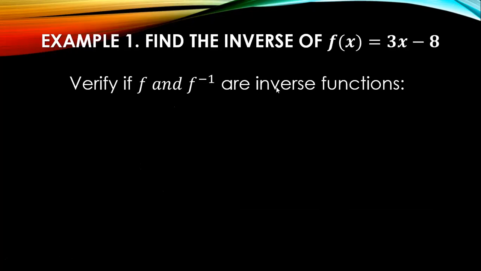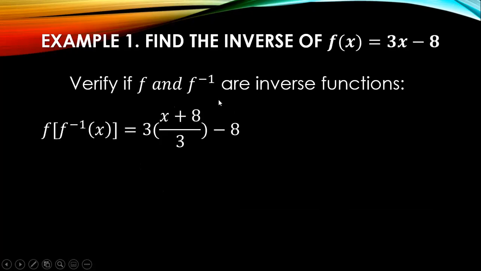Okay, for this example pala, we will just verify kung tama yung sagot natin. So, paano natin gagawin yon? Papasok natin sila sa isa't isa, no? So, substitute natin daw f of f raised to negative 1 of x is equal to 3 times x plus 8 over 3 minus 8. So, cancel si 3.